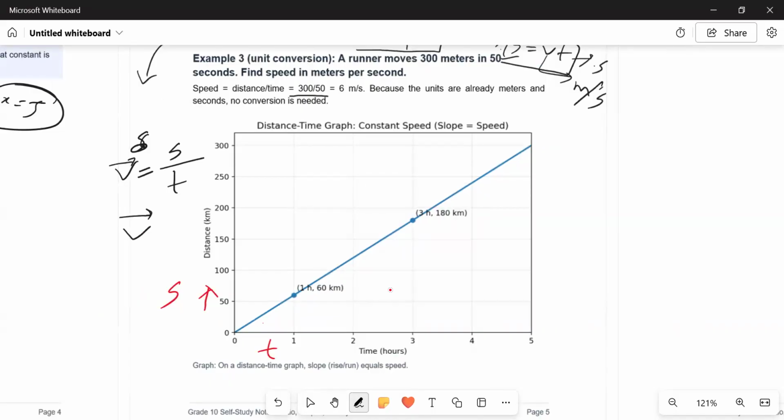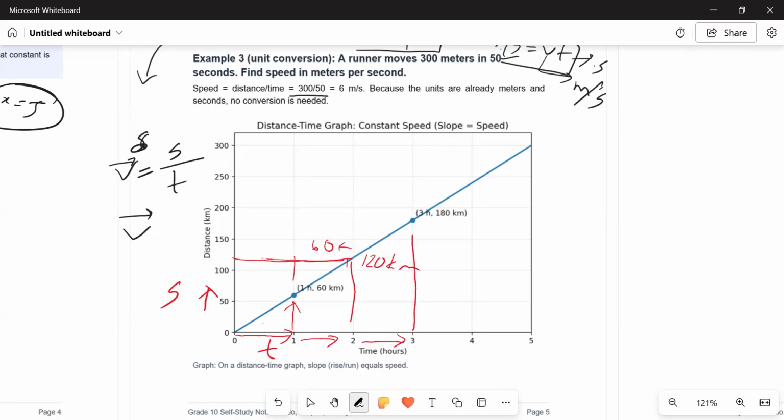Now, let's just try to understand what the graph is saying. It's very easy. In 1 hour traveled, I cover the distance of 60 kilometers. Then I travel another hour. I cover the distance of, I guess this is going to be 120 kilometers. Meaning in totality I'm covering 120, but from here to here I'm covering 60 kilometers. And then I go another 1 hour, which is 3 hours in total.